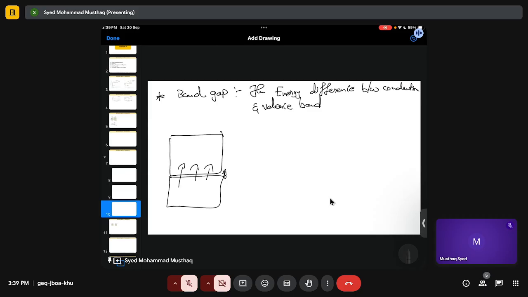The photon's energy depends upon the wavelength, right? And even if you shine low energy photons like visible light, some metals may glow, and some materials may glow, and the reason is that the band gap between the valence and conduction band is that much low, right?